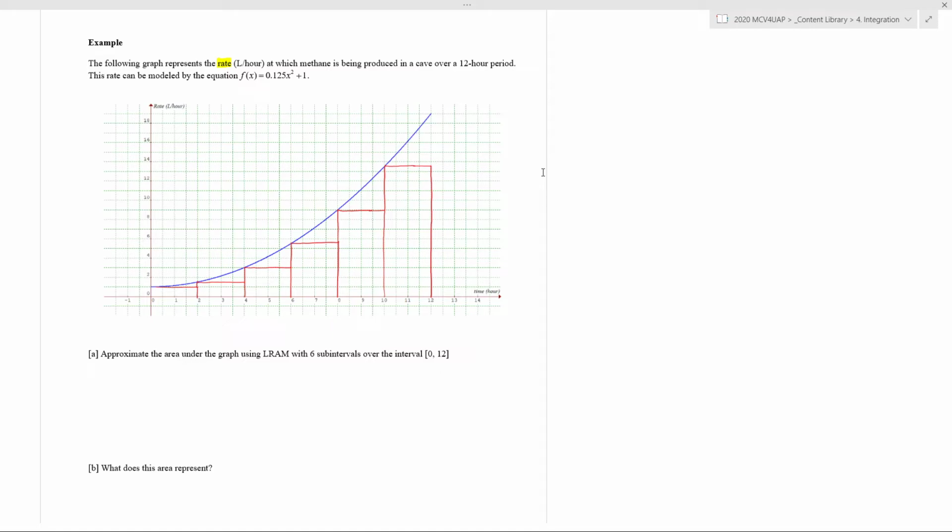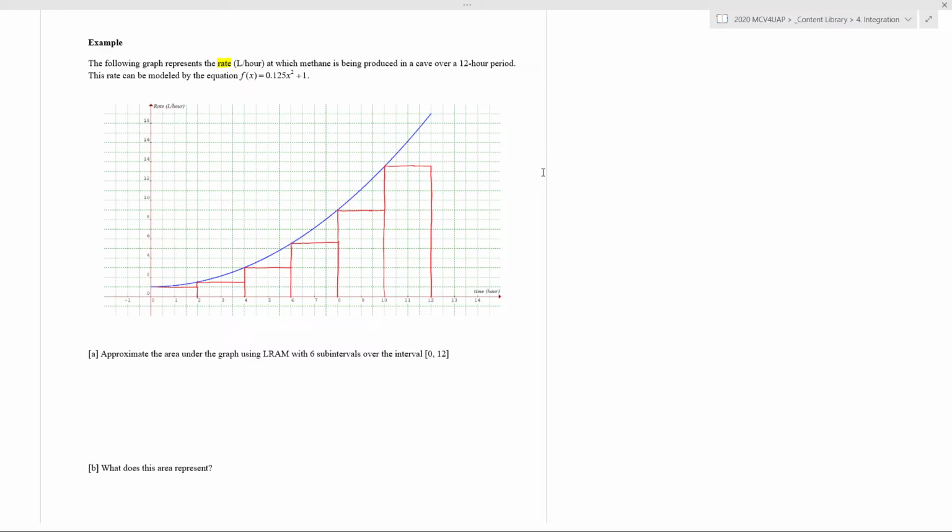Okay? So part A says approximate the area under the graph using LRAM with 6 subintervals. So I've already drawn the rectangles.